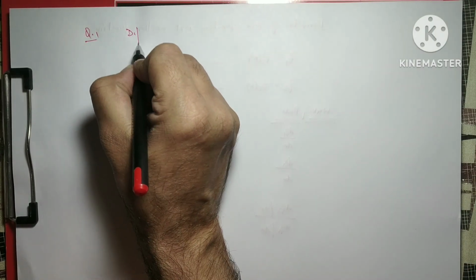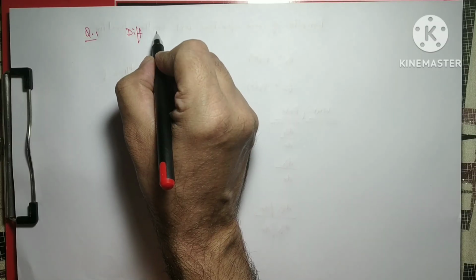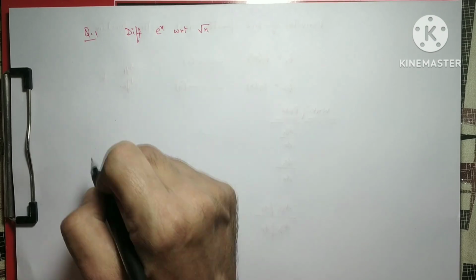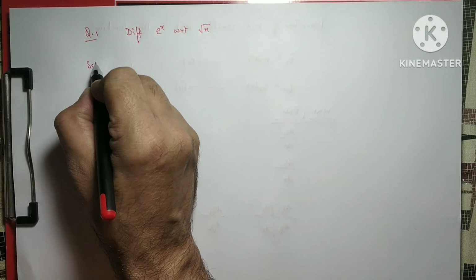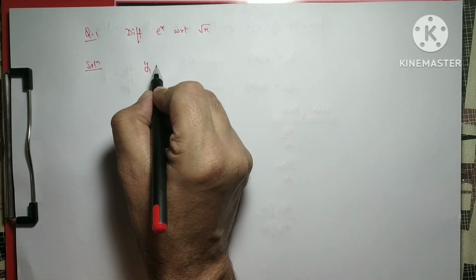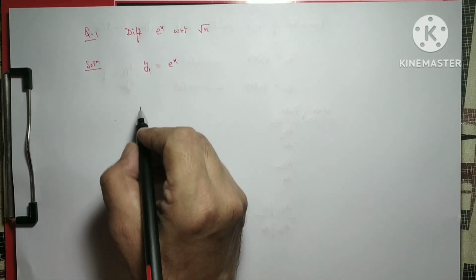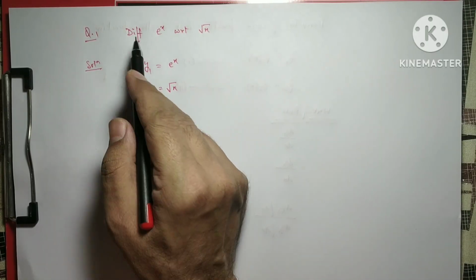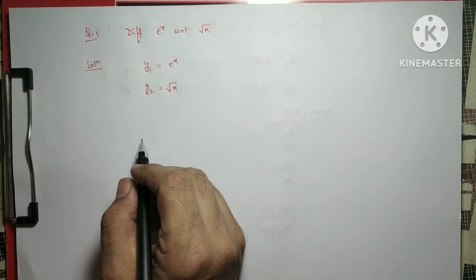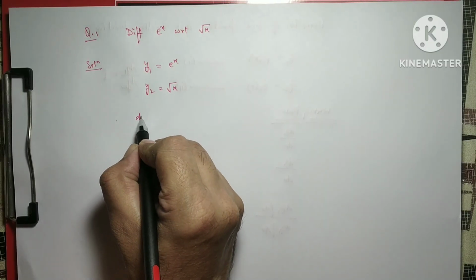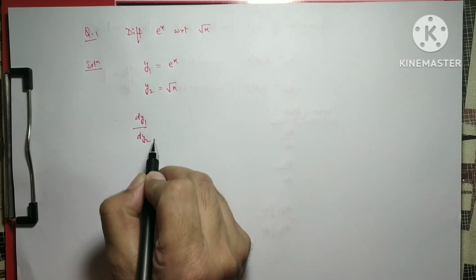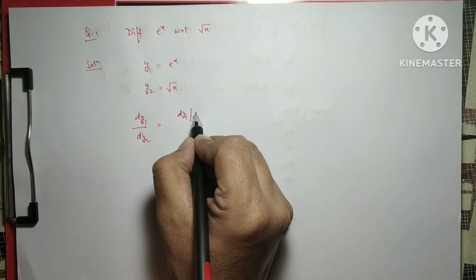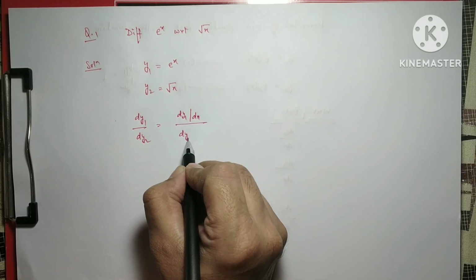Differentiate e to the power x with respect to under root x. Means given है आपको y1 is e to the power x and y2, other function, is root x, and differentiate e to the power x with respect to root x means dy1 over dy2. So we can also write dy1 over dx and dy2 over dx.